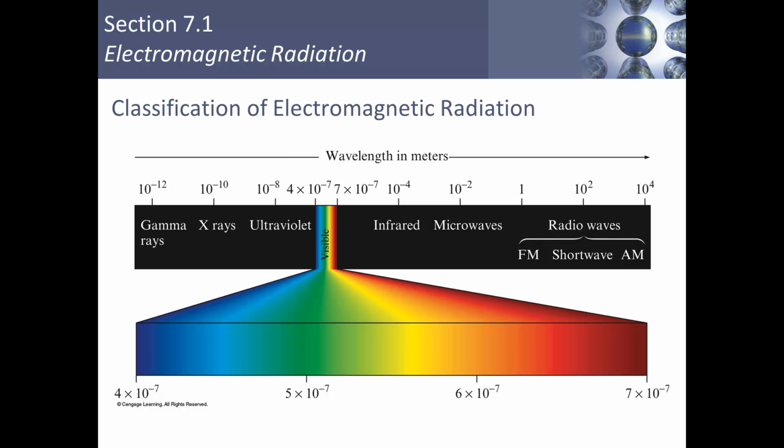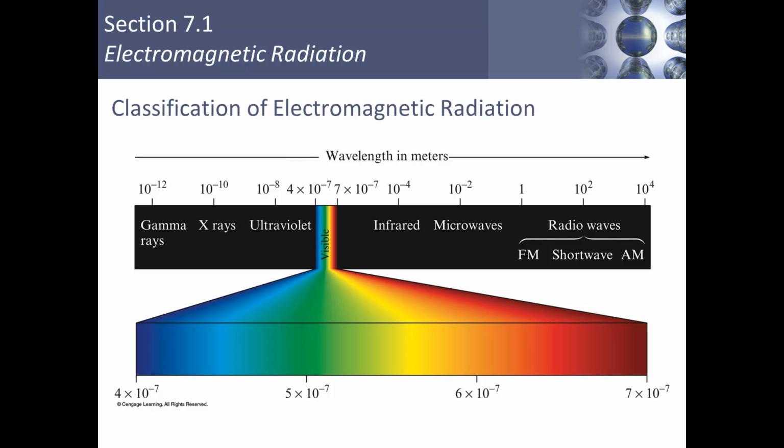The entire spectrum shown here for electromagnetic radiation goes from gamma rays, which are very high energy, short wavelength, high frequency waves, to radio waves, which are very long wavelength, low energy, low frequency waves.